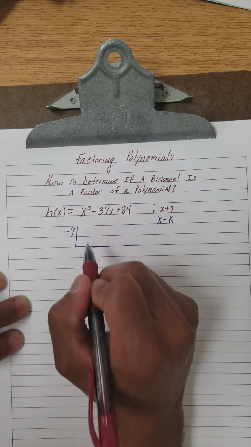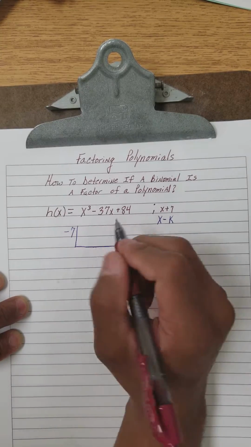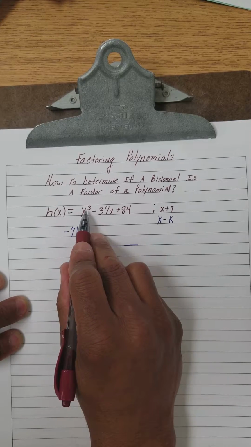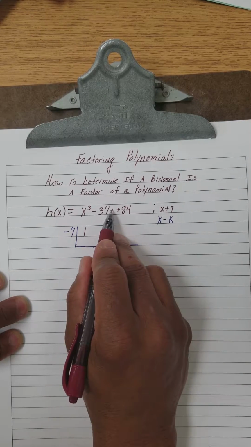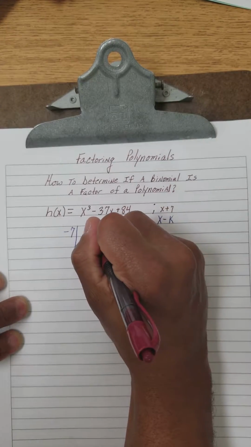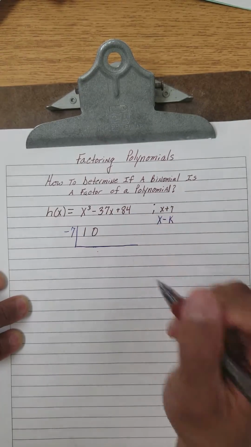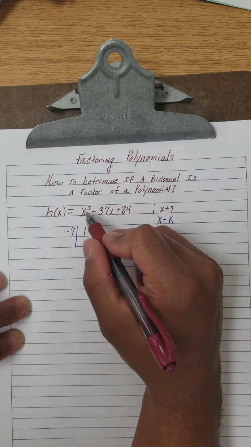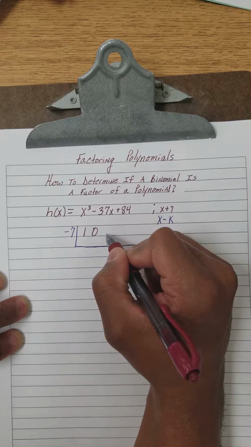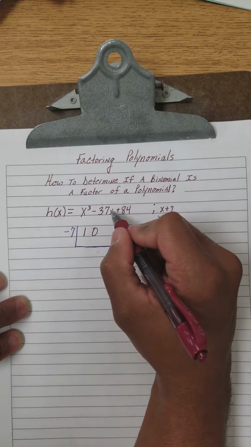My numbers that I will have here will be all coefficients, starting with the highest exponent against my variable. So my x cubed is the highest, so I'm going to take the coefficient here. That's 1. That's where I get that 1 from. From 3, I'm going to go to 2, but notice there's no x squared anywhere in my polynomial, so in its place I'm going to plug in a 0. Next, I'm going to go to the coefficient of the term with just an x.